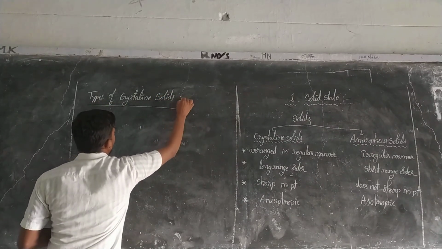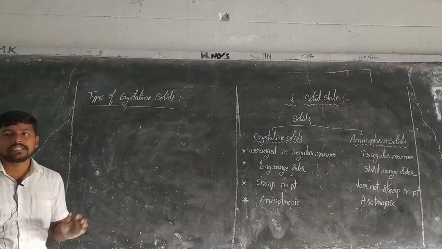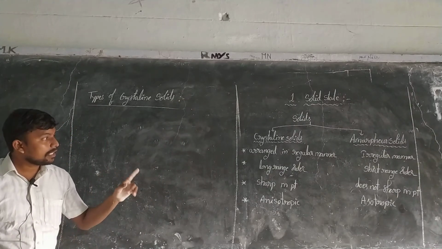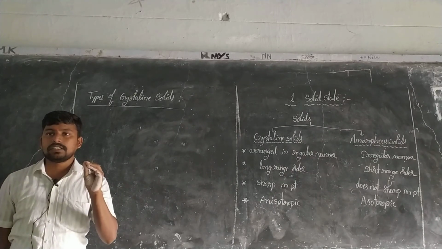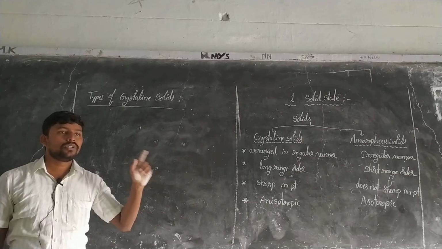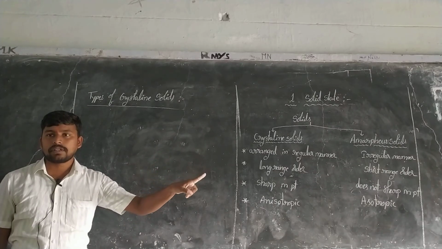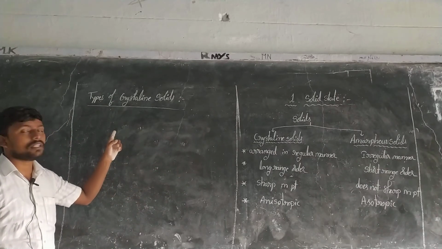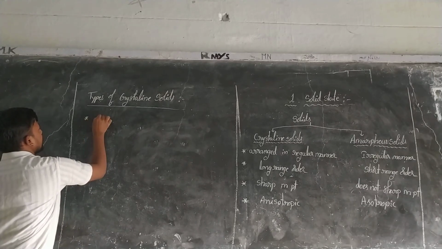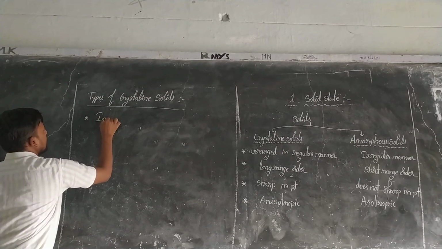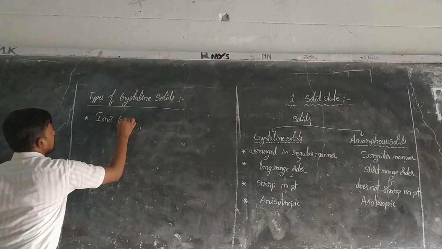ఈ బోర్డు బాగాలే. టైప్స్ ఆఫ్ క్రిస్టలిన్ సాలిడ్స్. సో again crystalline solids are classified into 5 types. That is, first one is the ionic crystalline solids.